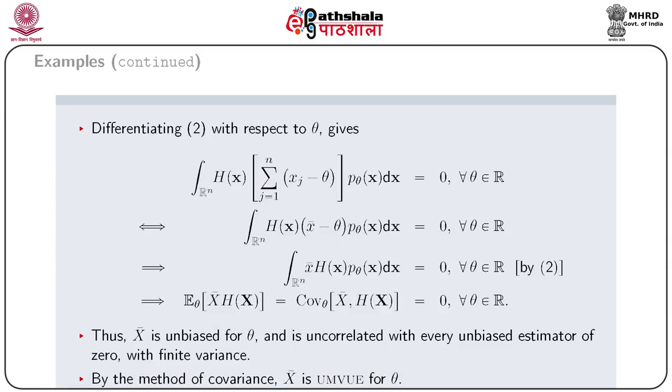Differentiating with respect to θ, we get the integral of h(x) Σ_{i=1}^n (xi − θ) f_θ(x) dx equals 0 for all θ, which implies the integral of h(x)(x̄ − θ) f_θ(x) dx equals 0 for all θ, which implies the integral of h(x) x̄ f_θ(x) dx equals 0 for all θ, since the expectation of H equals 0 for all θ.